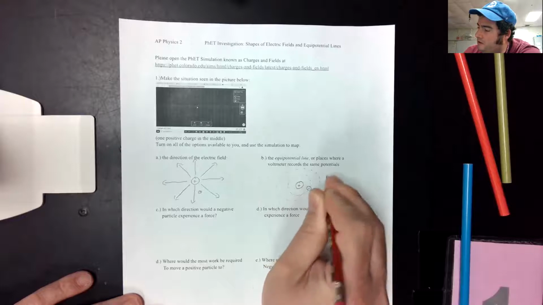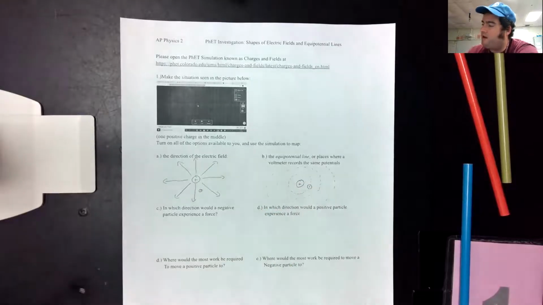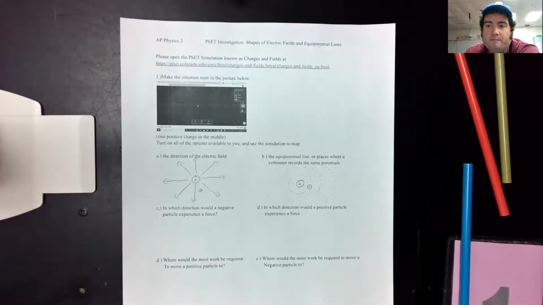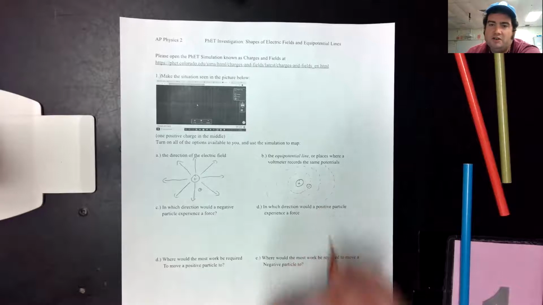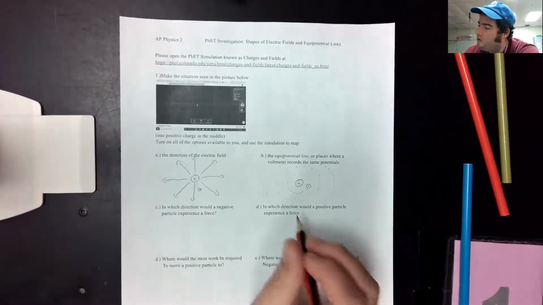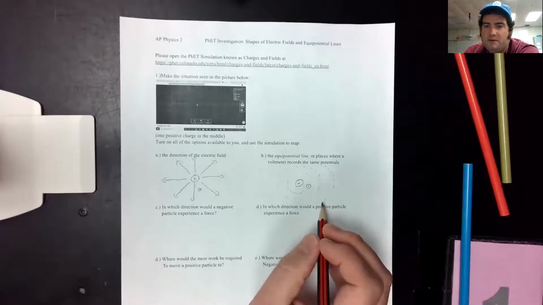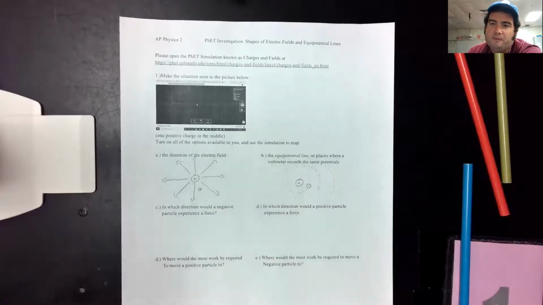So the equipotential lines around a positive charge, the places where some object would have the same potential energy, are spherical. So that's the part that depends on location. We say that everything on this sphere has the same potential.